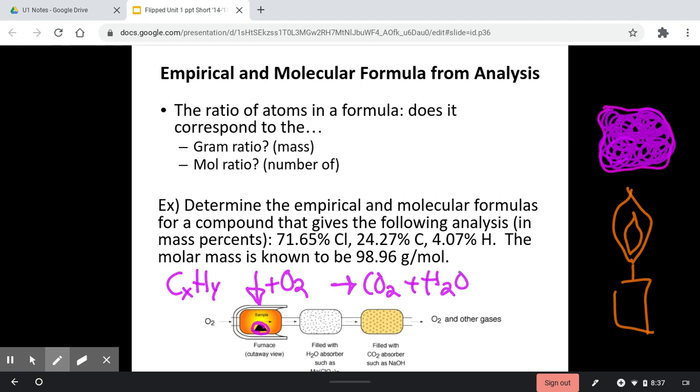Now, if the thing that you're burning is a hydrocarbon, meaning that it's made out of carbon and hydrogen, you're going to get out carbon dioxide and water if it's a perfect clean burn. If it's not a perfect clean burn, you're also going to get out carbon monoxide and carbon soot, just like we talked about in our Bunsen burner lab last year in chemistry.